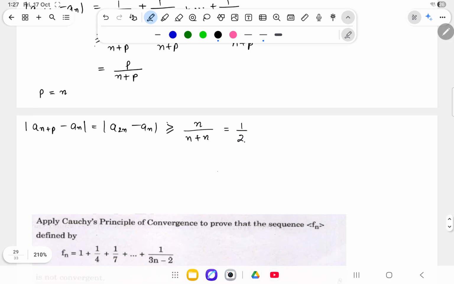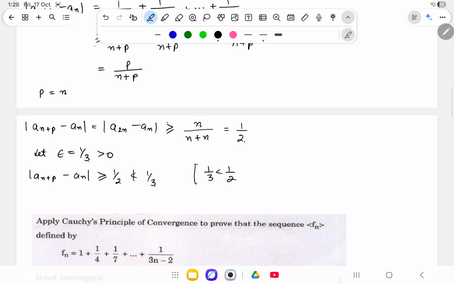Now if I choose my epsilon equal to 1 by 3, which is also greater than 0, then my a n plus p minus a n turns out to be greater than 1 by 2, and this is not less than my epsilon, that is 1 by 3, because 1 by 3 is less than 1 by 2, so this turns out to be greater than epsilon.